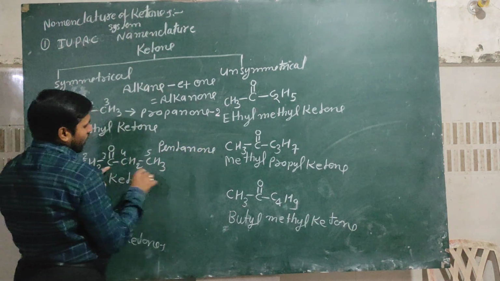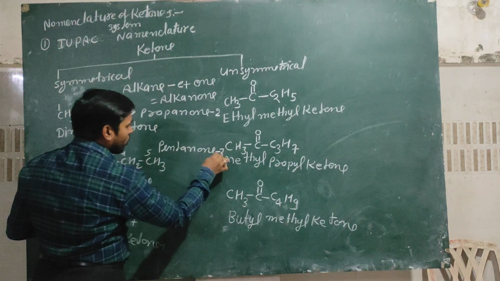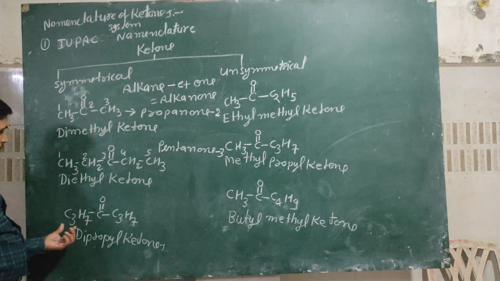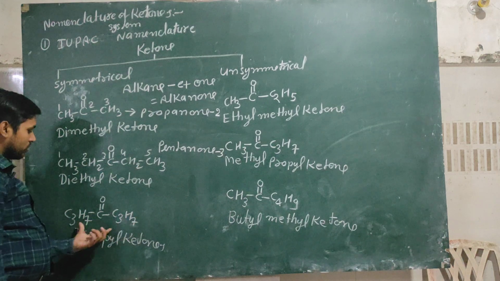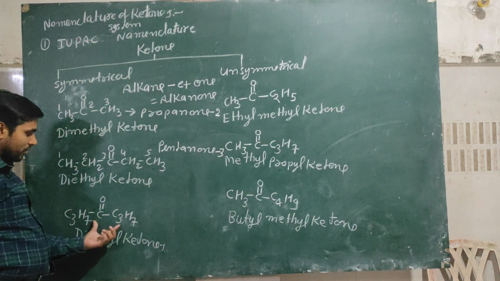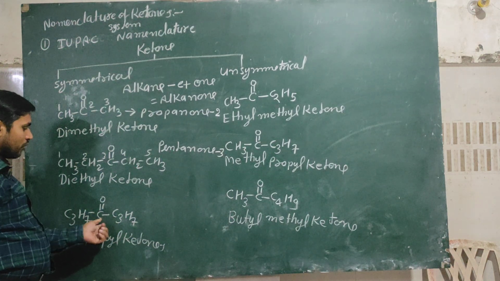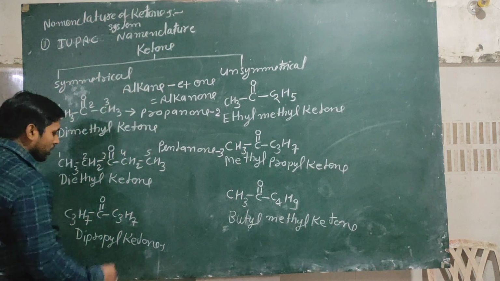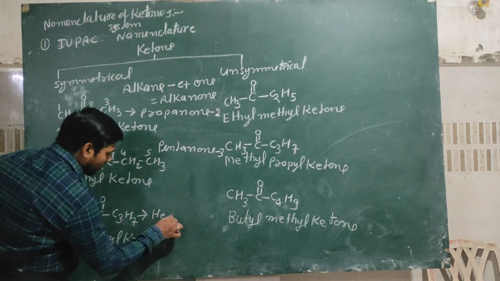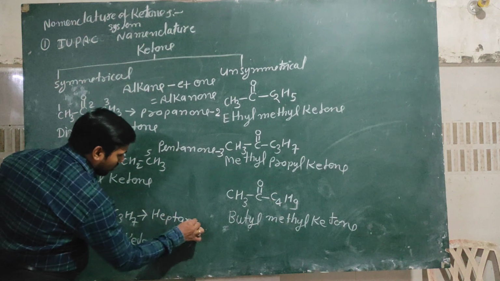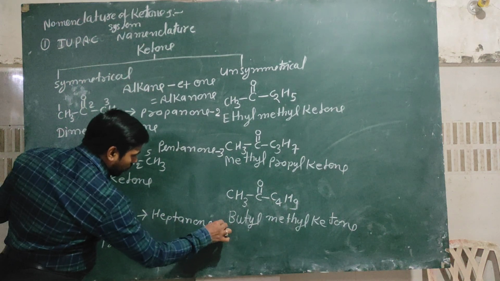Our position of carbonyl group is 3, pentanone 3. And here the total number of carbon is 7, but the position of carbonyl group is 4. Then its IUPAC name is heptanone 4.